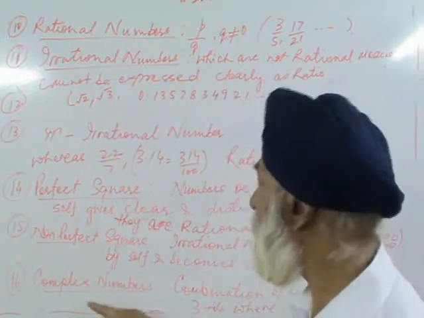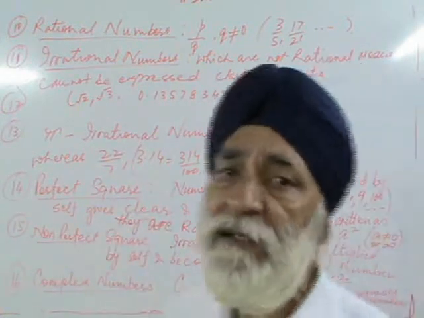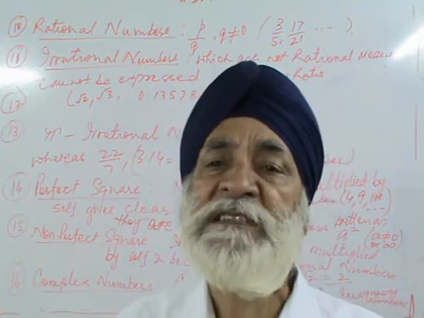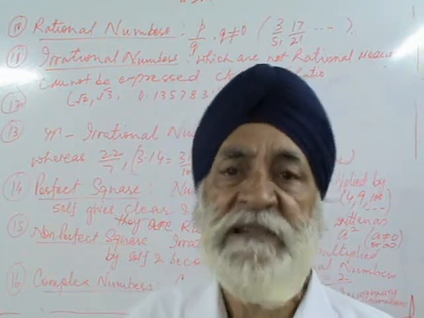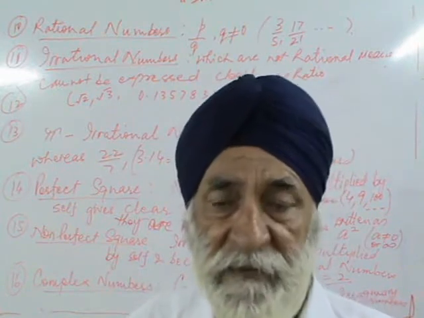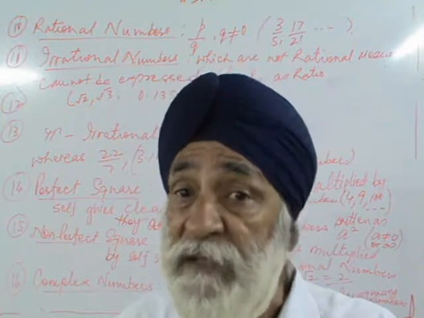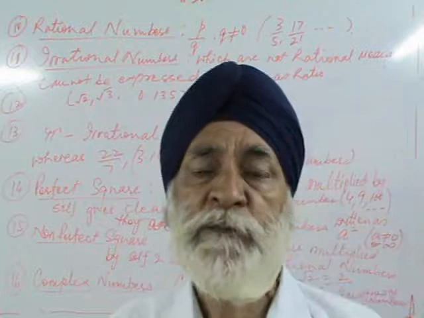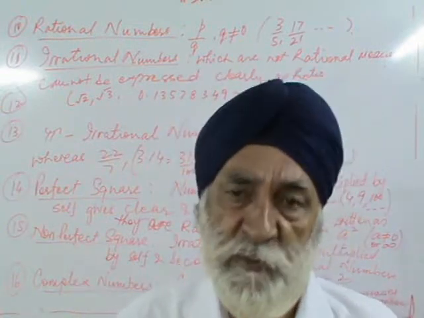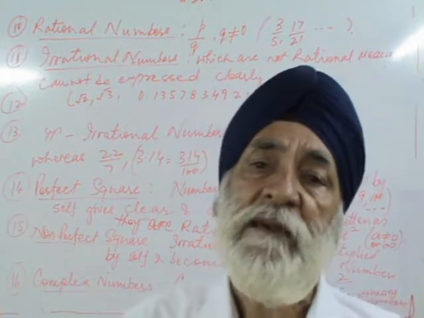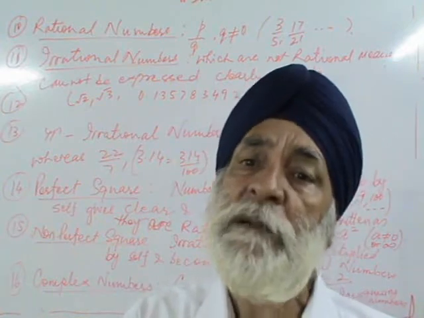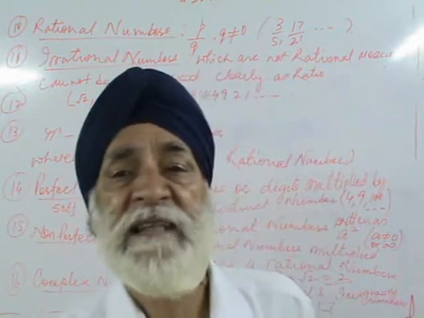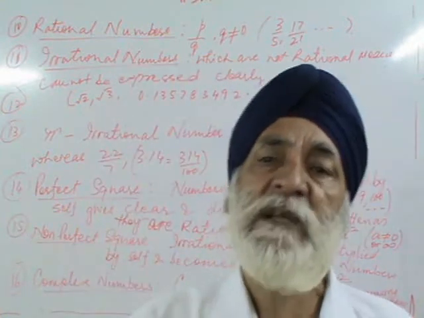Complex number. We can find the squares of positive and negative numbers and 0 also. But if we do the reverse process, the square root, from a number which is a perfect square, finding the number which is multiplied by itself to get that number, we always find that the result is defined as positive.